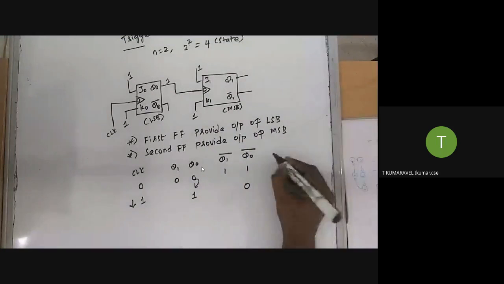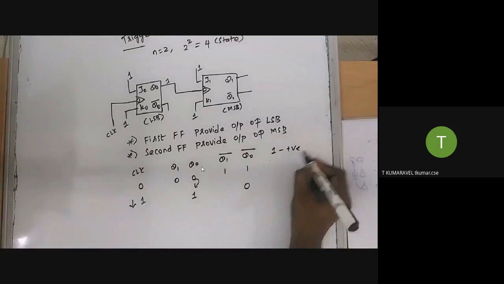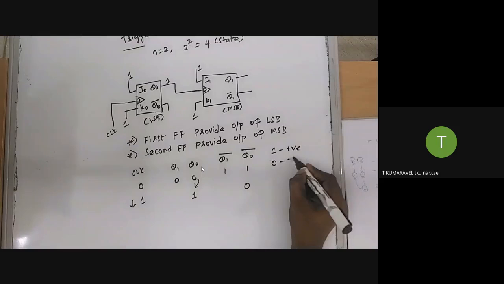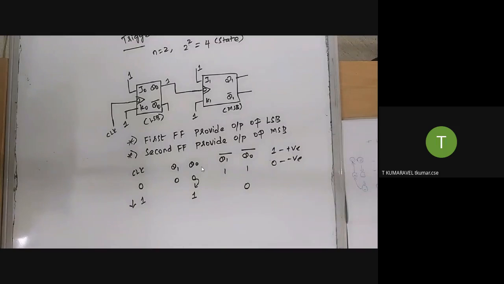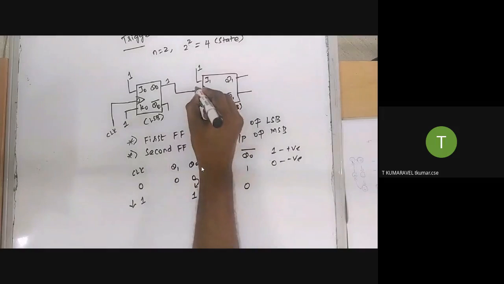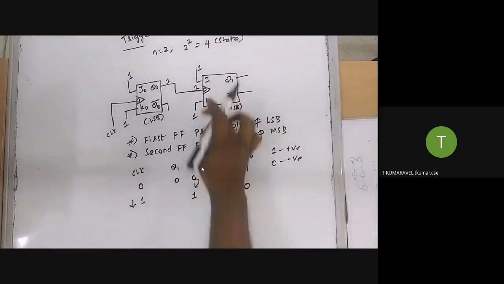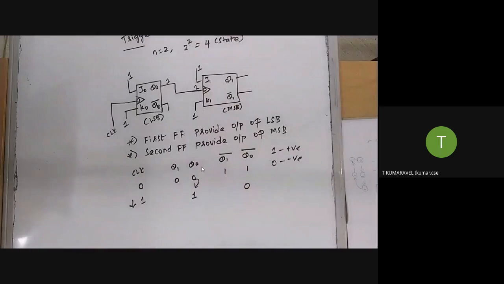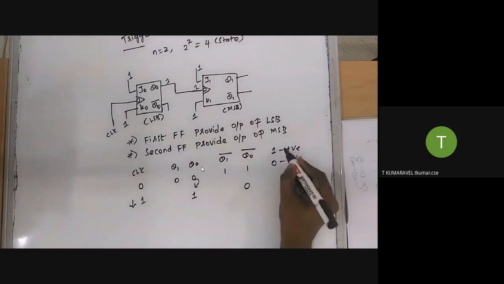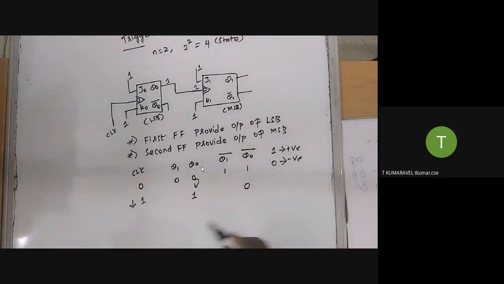You have to remember one more thing. 1 is called positive edge trigger, 0 is called negative edge trigger. So the 1 is forwarded here; this is the input clock pulse for this flip-flop, which is a negative edge trigger. Only when the input value equals 0 will it operate.